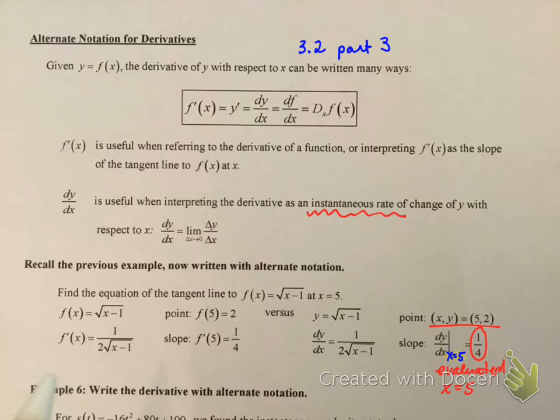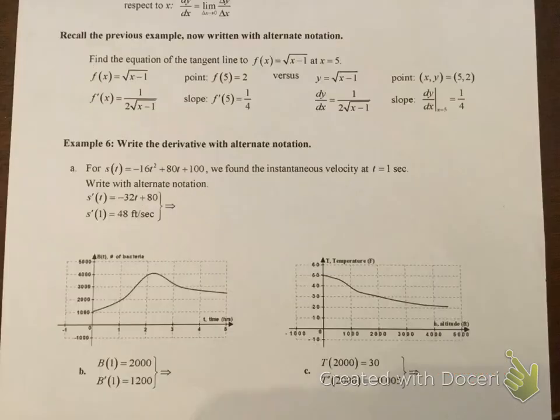All right, let's do example number 6 and call it a day. So example number 6 says, write the derivative with alternate notation. For s at t equals negative 16t squared plus 80t plus 100, we found the instantaneous velocity at t equals 1 second. Write with alternative notation.